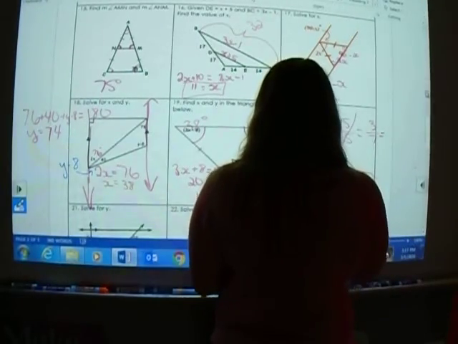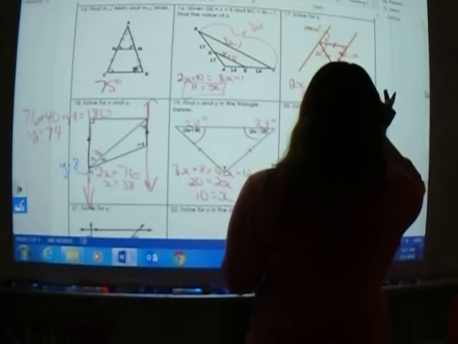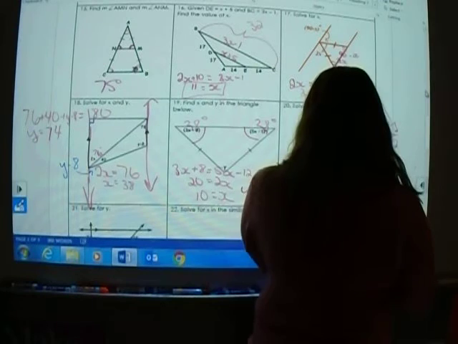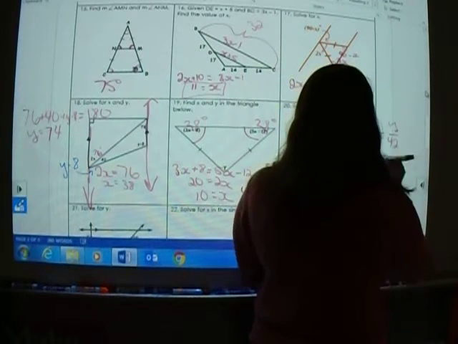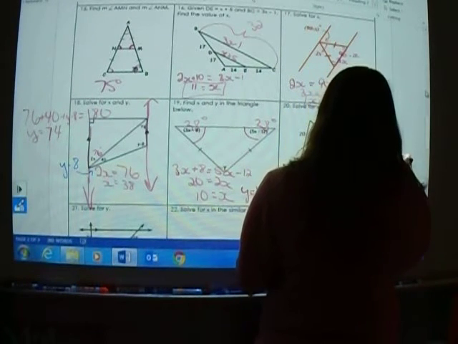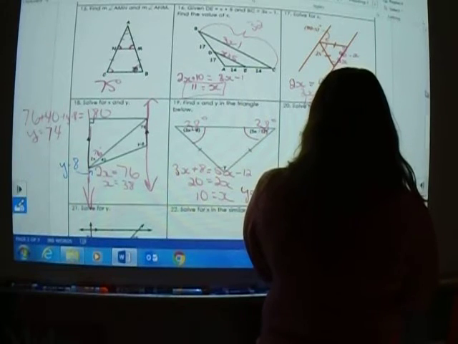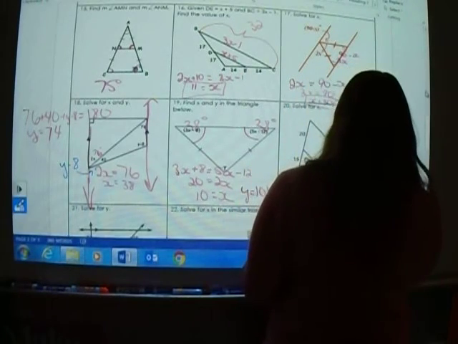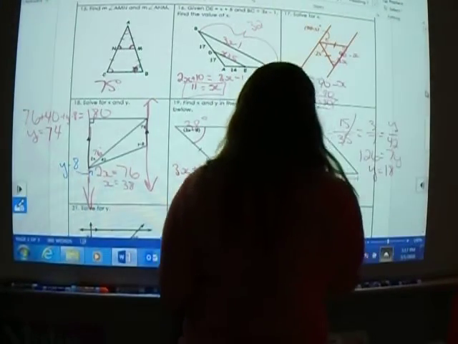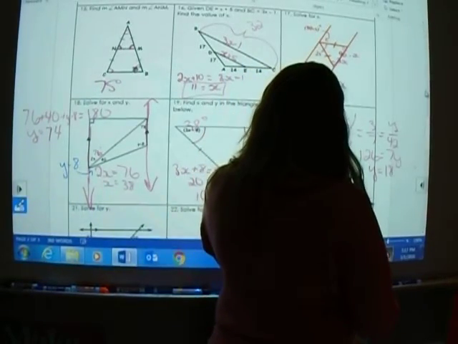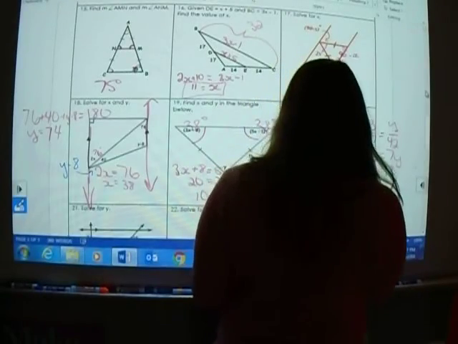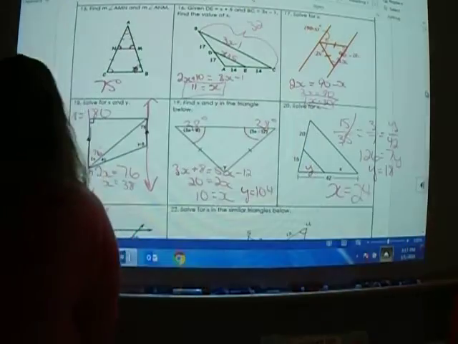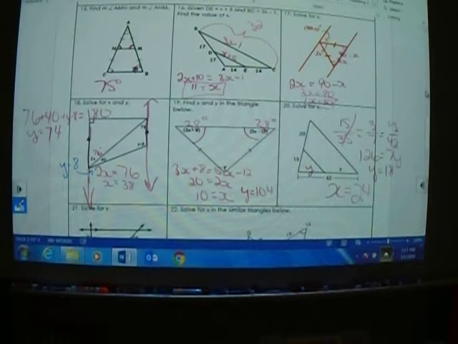Which equals, once again, this is y, y over 42. 42 times 3, 126 equals 7y. And that is divided by 7, so y equals 18. And now we just do 42 minus y. So x equals 24. Okay, sorry I messed up there, guys. Happens to the best of us.